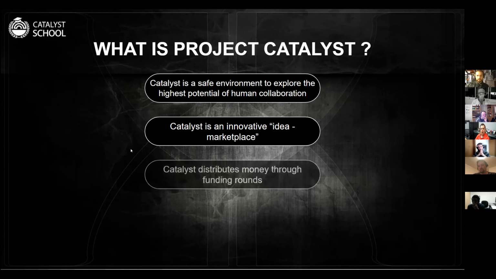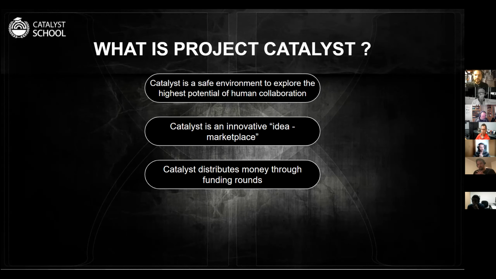And also, as I said, since this is also a funding mechanism, the money that is distributed is done through some funding rounds. Currently, they last 3 months approximately.